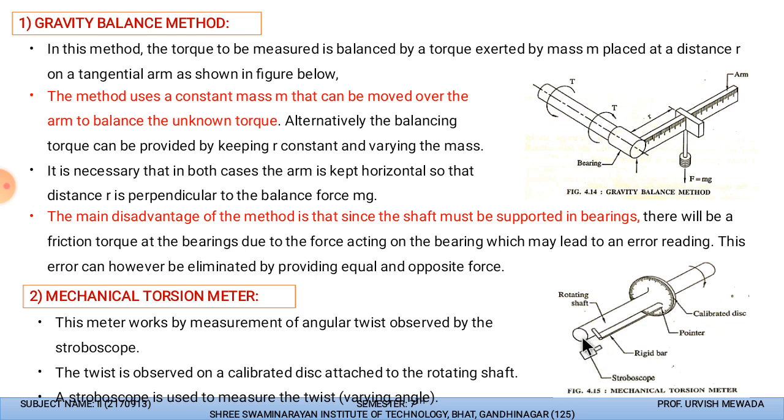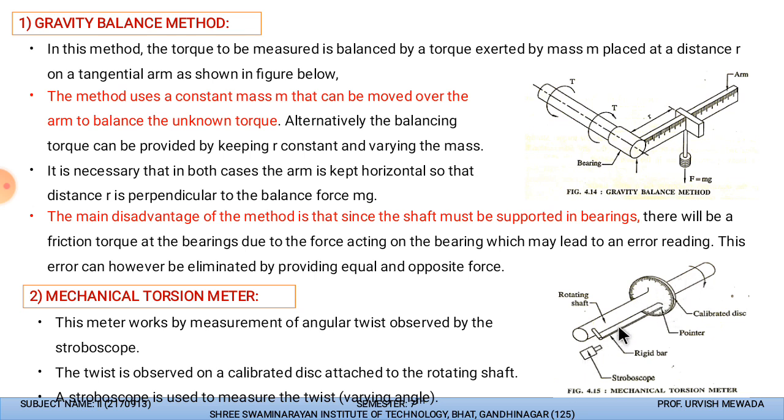Whenever we set the blinking frequency to the rotating frequency, we can visualize this shaft as steady in the light of the stroboscope, and that will be the rotating frequency or torque of that particular rotating shaft.